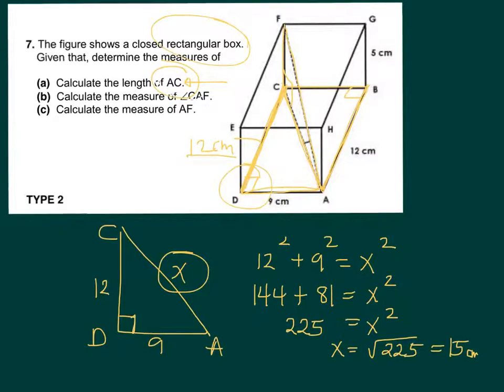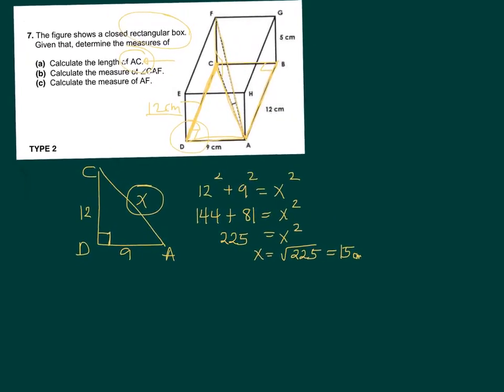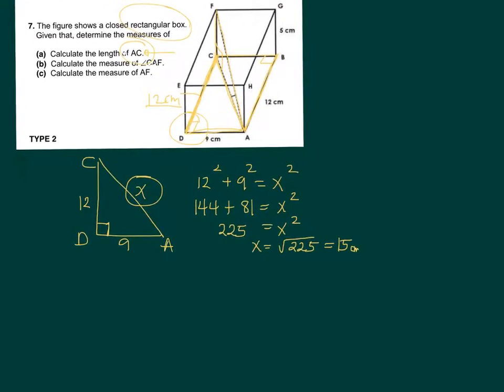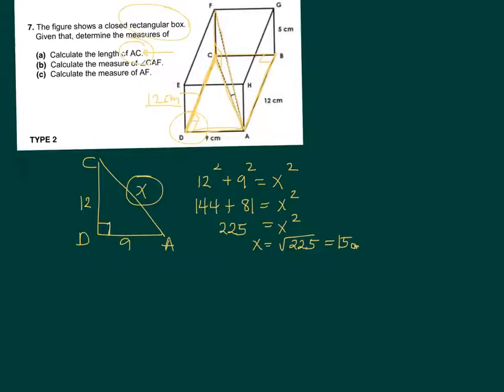Now let's proceed to letter B. Calculate the value of the angle CAF. So you have to get the triangle containing the angle CAF, and that is basically the triangle CAF.